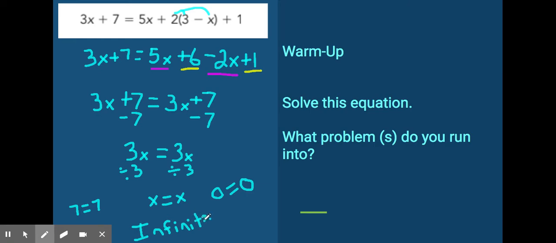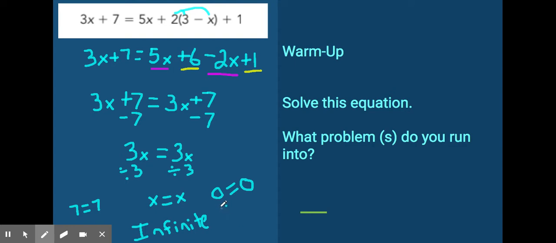Okay? The reason all three of these are possible solutions is because infinite means any number that I pick to replace with x will work in this equation. Okay? So every single number, any value that I pick will work and make this equation true. Okay, so we have multiple answers here because there's an infinite number of answers available for it.